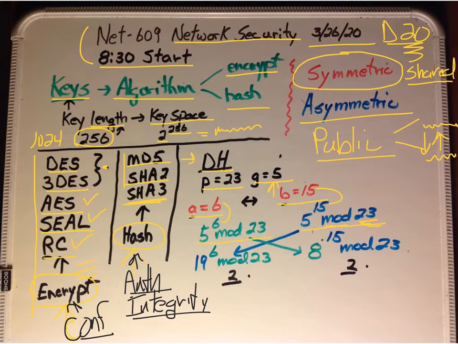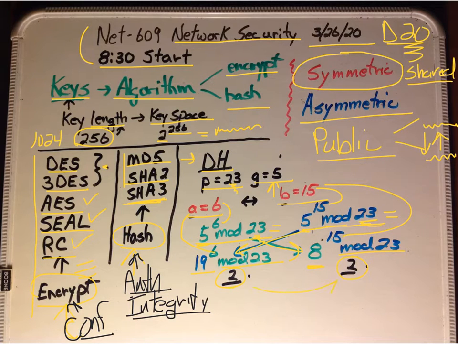So this is a prime number. We pick the prime number up here. We take our base number, raise it to our private number, get that calculation, bring it over here, get this calculation, bring it over here. So the 8 came from this work, the 19 came from this work, and now you again apply your private key and then do the modulus, and you come out with the same number on both ends.